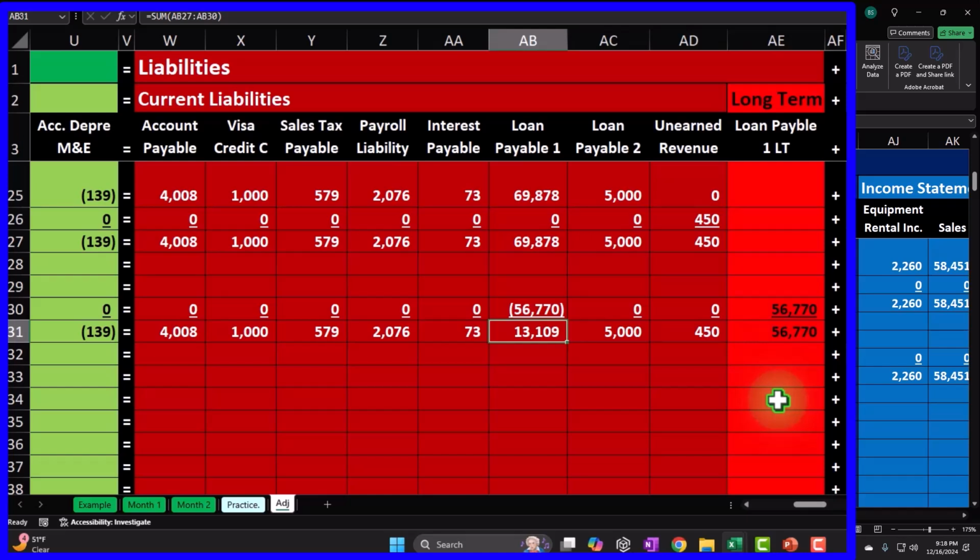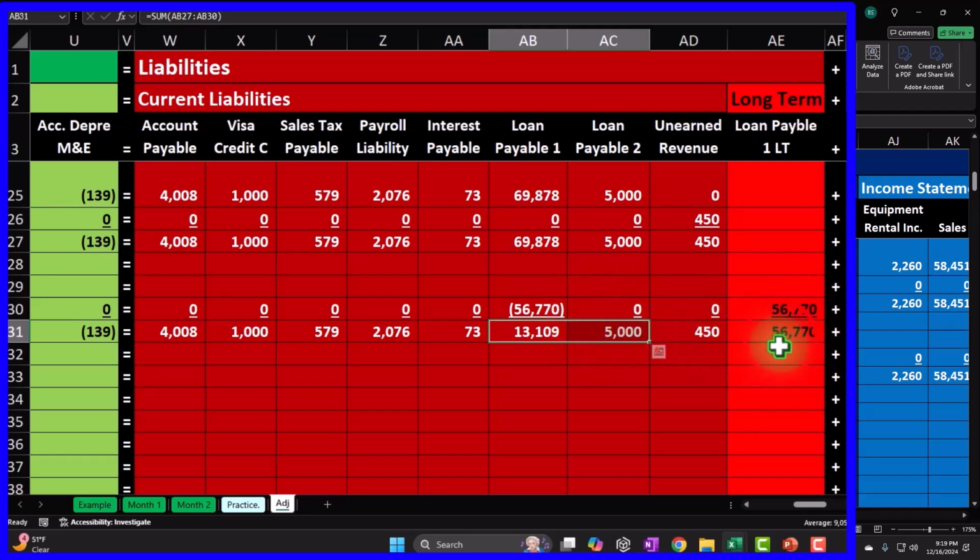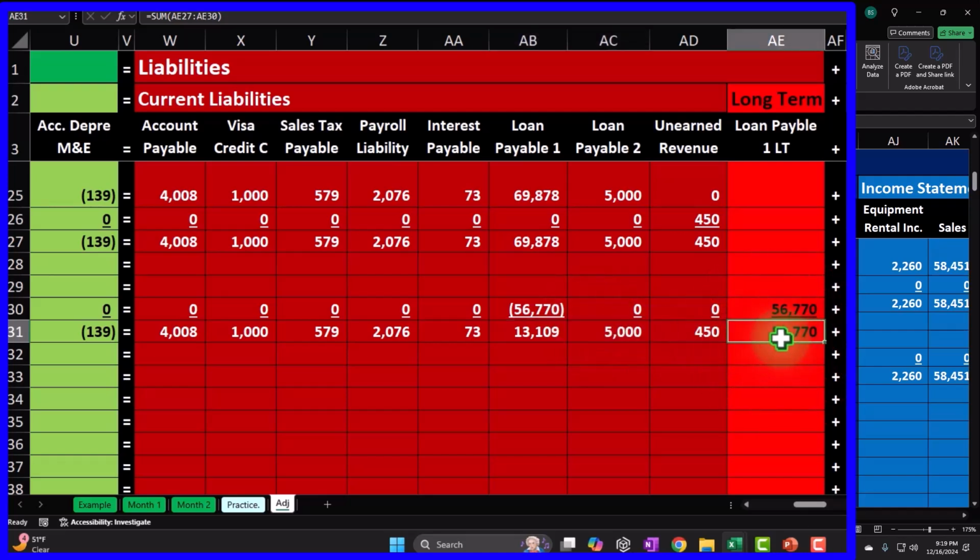So when I combine these into my financial statements, these two are going to collapse together, which if you were using software like QuickBooks, you might be able to do once again with sub-accounts, which would collapse these two down to a total short-term amount of 18,109, which can be supported by the amortization schedules for the two loans. And then we have this bit, which would be just the long-term portion that's going to be due after a year on the financial statements as well. So that's going to be the general idea.